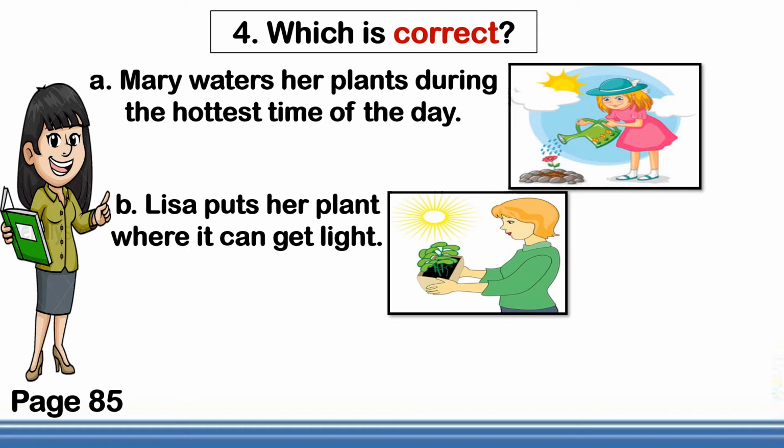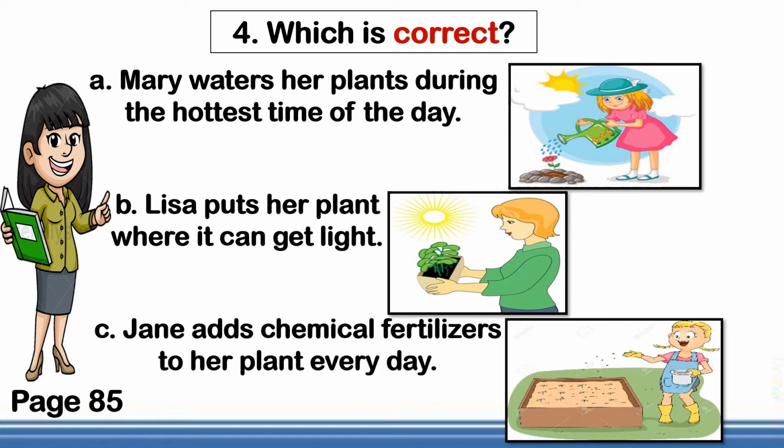Is it correct that you put your plant where there is sunlight? Or letter C. Jane adds chemical fertilizers to her plant every day. Is it correct that you put fertilizers to your plant every day?